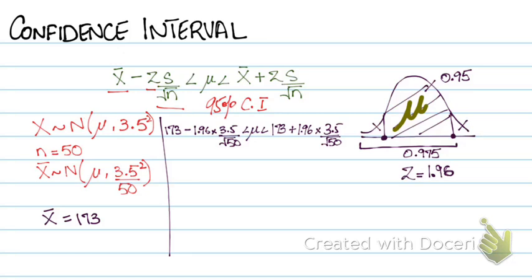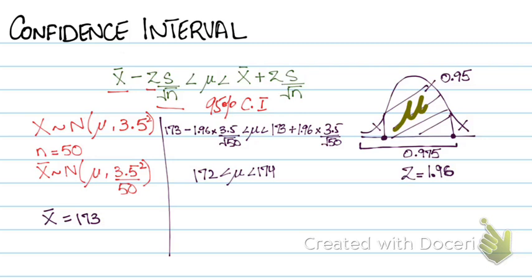So this turns out to be 172 and 174. Right. So basically this means that my population mean lies between 172 and 174.